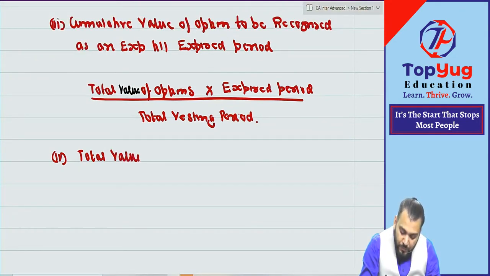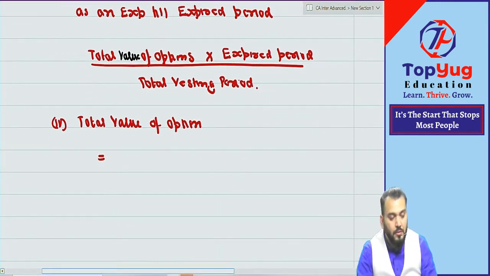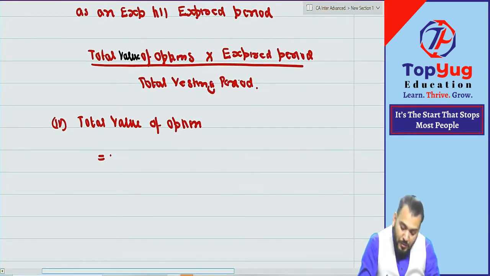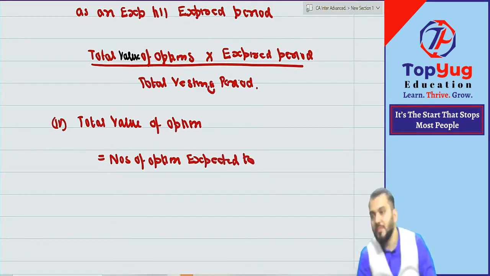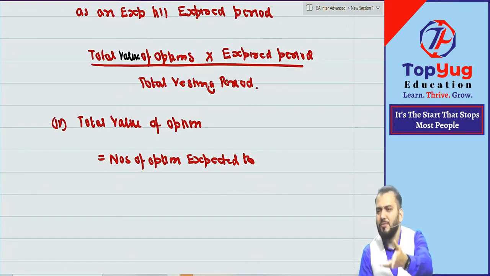Total value of option is equal to the number of options expected to vest on vesting day. We need to estimate now the number of options expected to vest on vesting day. For the last year, we'll take the actual only. So I am writing expected.